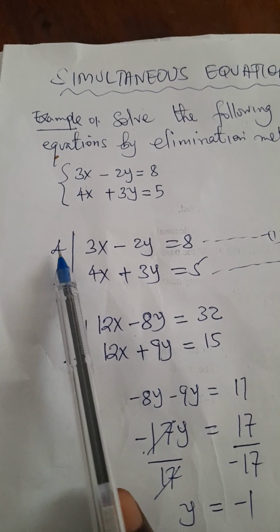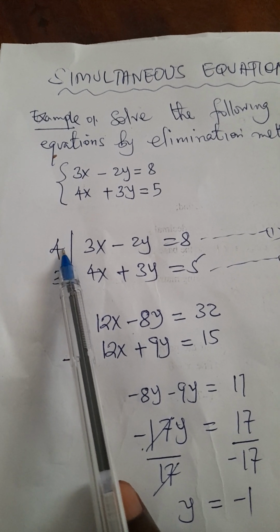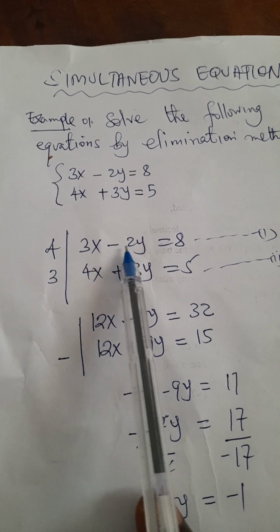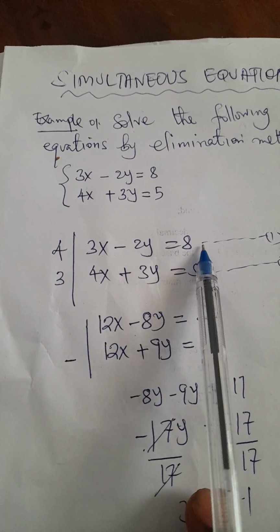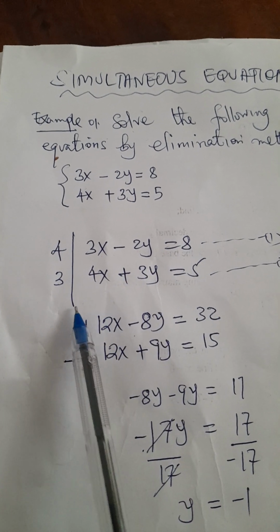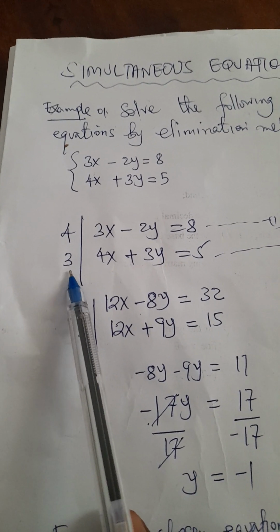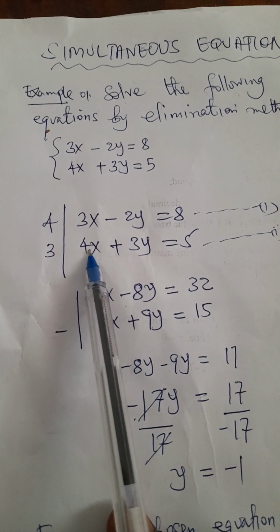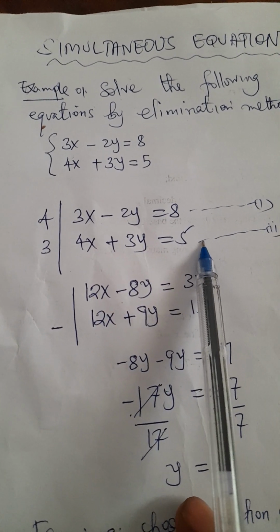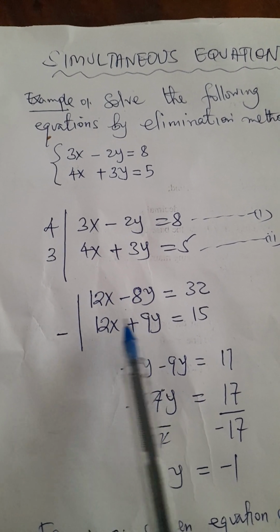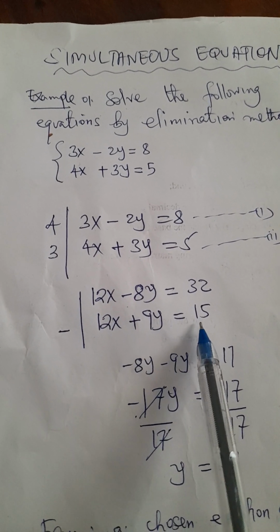If you put 4 here, you multiply each term, including the 8. The same applies here. If we multiply by 3, you multiply each term in the whole equation. So we get 12x, 3 by 3 is 9, and 3 by 5 is 15.